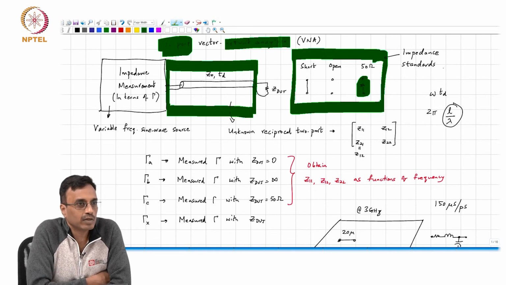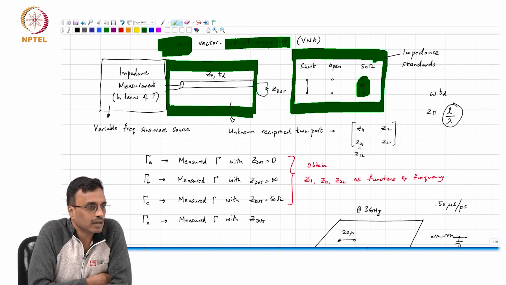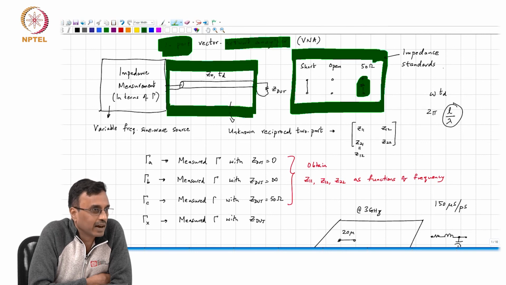Why do you think it's called a vector network analyzer? And if it is not vector, what would it be? If something is not a vector, what is it? Okay, well, there must have been something called a scalar network analyzer before the vector network analyzer, right? So why do you think you have a vector network analyzer?